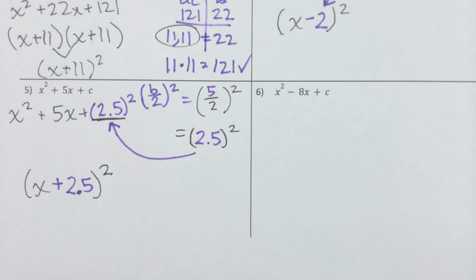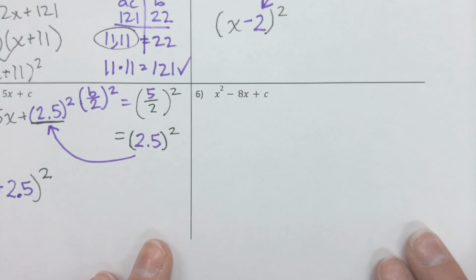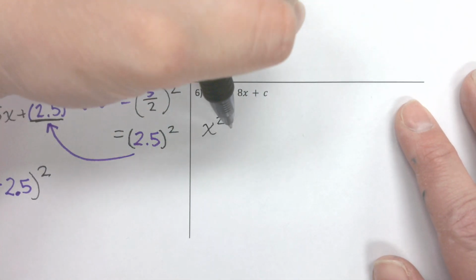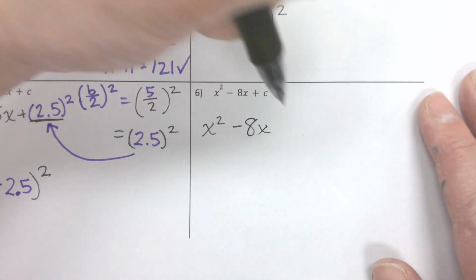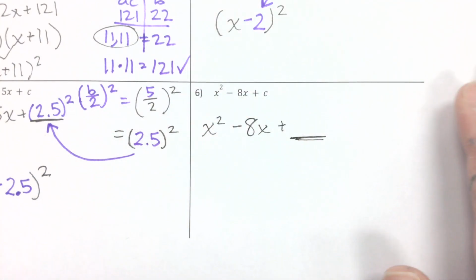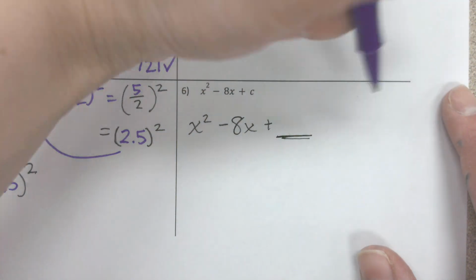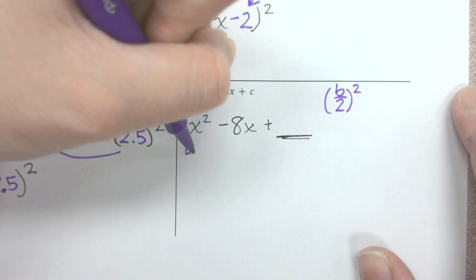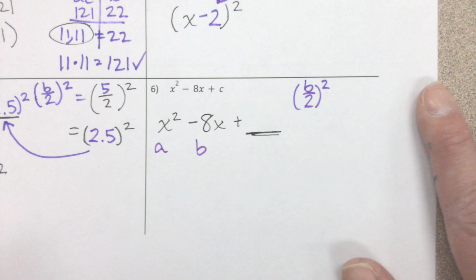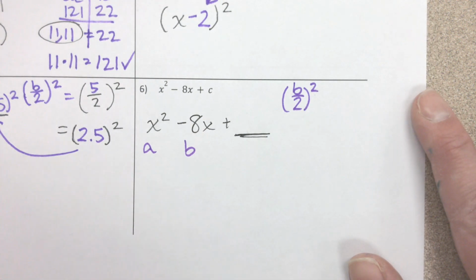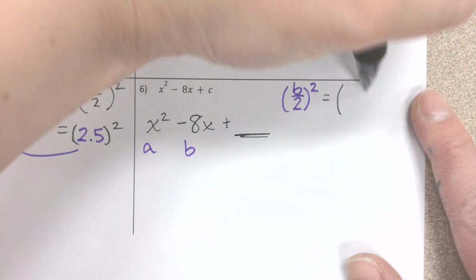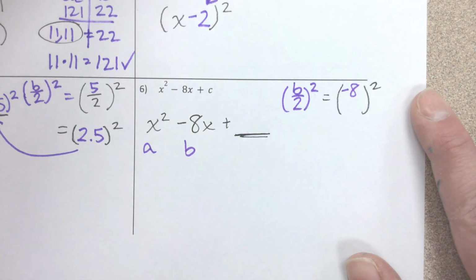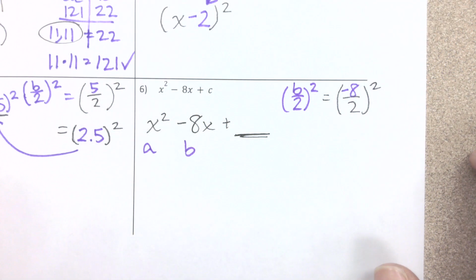One more, number 6. X squared minus 8x plus c. So again, we're trying to figure out what c is. X squared minus 8x plus something. That something is b over 2 squared. So we have a and b. B is negative 8 over 2 squared.